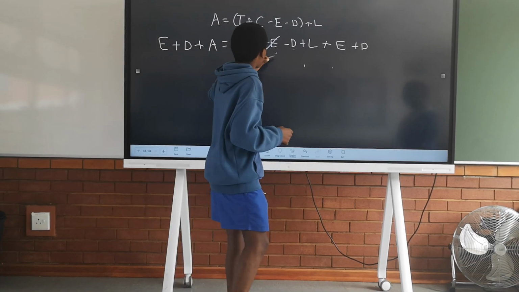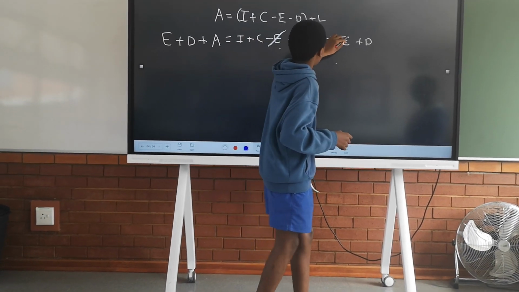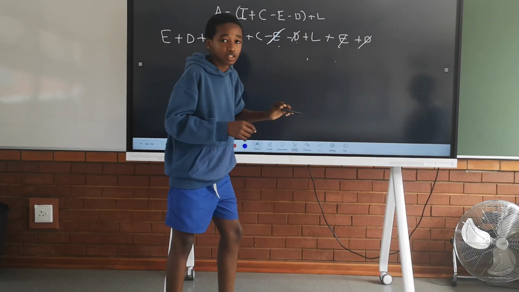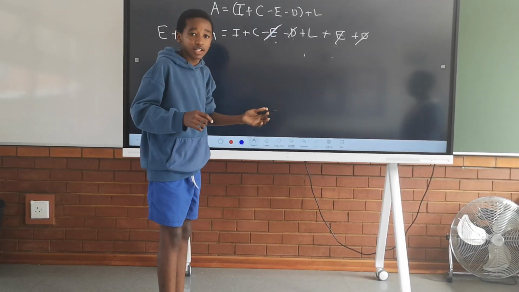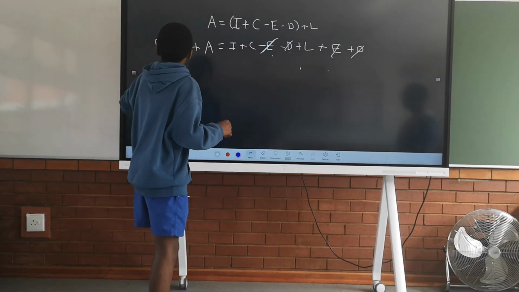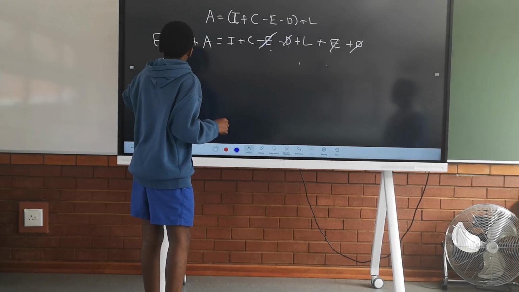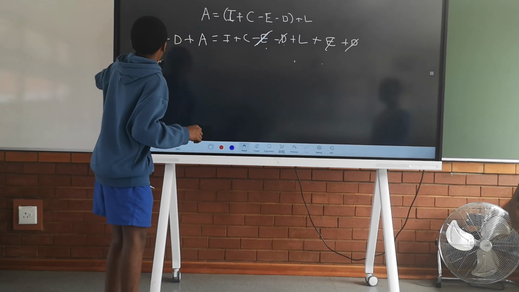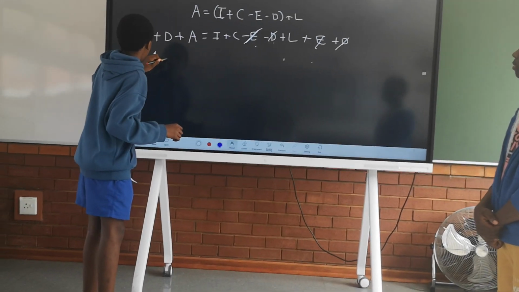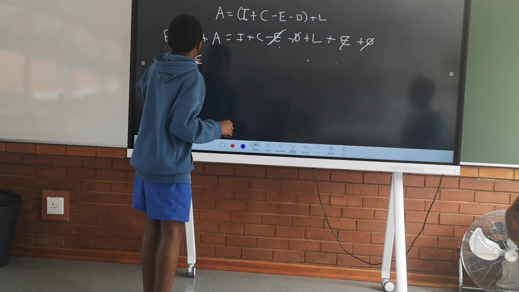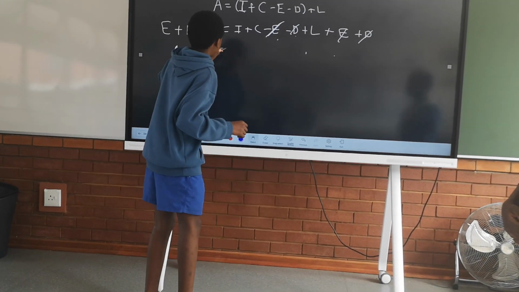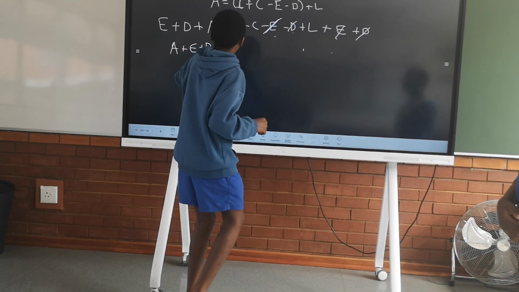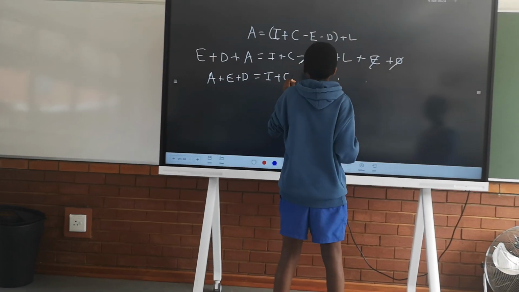Then these will cancel each other because they are additive inverses. Then we're going to have A plus E plus D is equal to I plus C plus L.